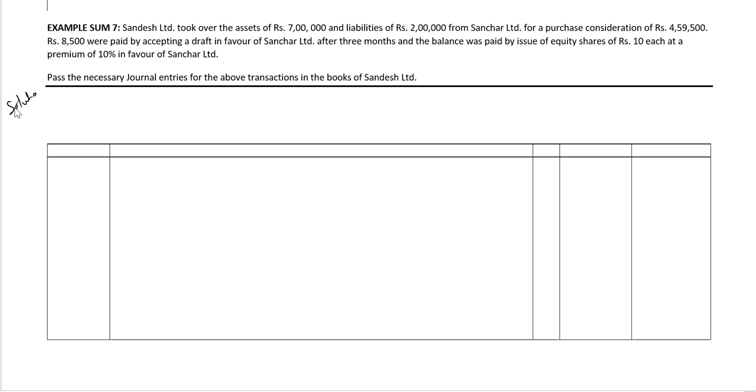Solution. In the books of Sandesh Limited, journal.